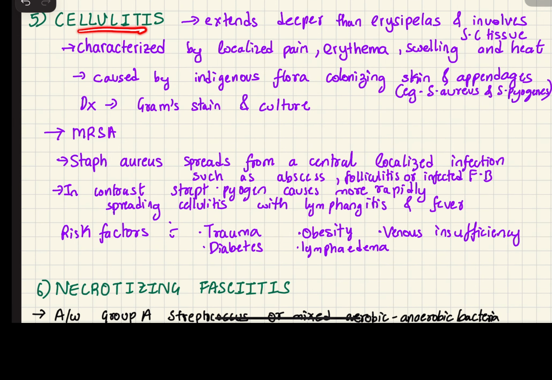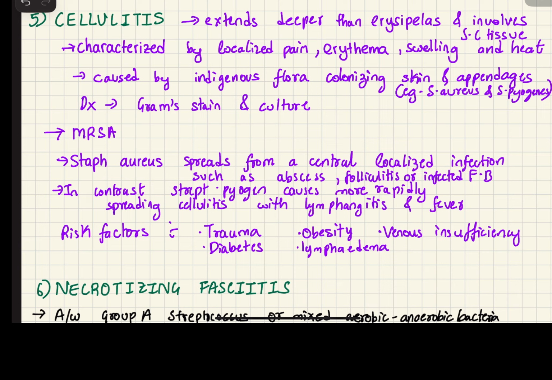Next is cellulitis. It extends deeper than erysipelas and involves subcutaneous tissue. It is characterized by local pain, erythema, swelling and heat. It is caused by flora colonizing skin and appendages. Staphylococcus aureus spreads from a central localized infection such as abscess or folliculitis.